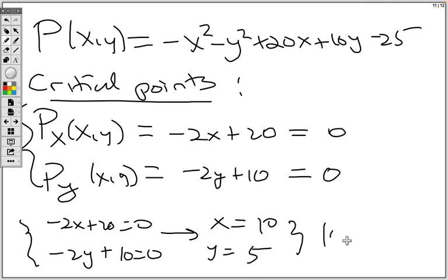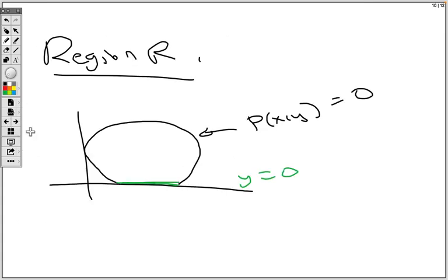Oh boy, that looks familiar. That's the center of that circle there, right? Once again, we could solve this completely algebraically if we wanted to, but we're just demonstrating the method here. All right, so 10, 5 is the only critical point we get. Sure enough, that is inside the region here.